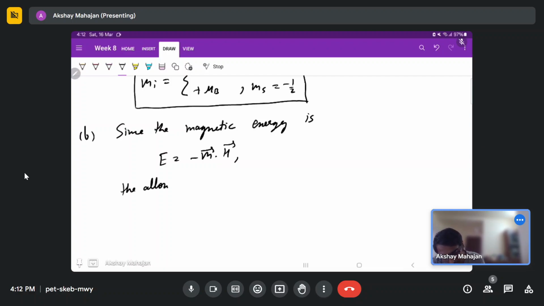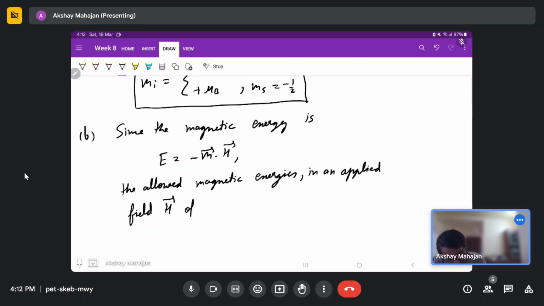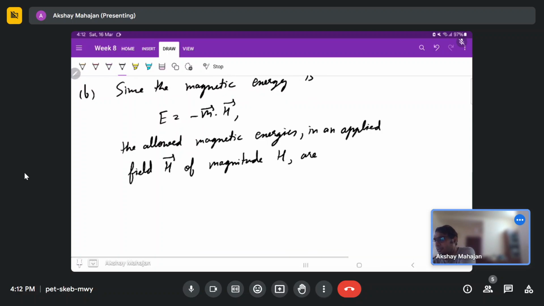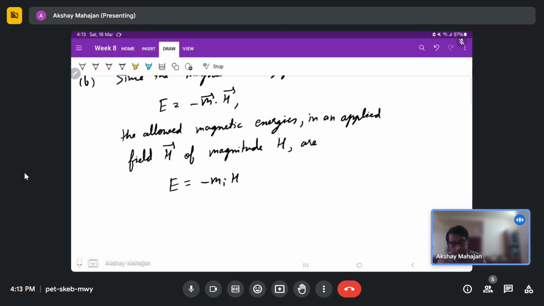So the magnetic energies in an applied field h vector of magnitude h. The energy value will be just minus mi times h, where mi is the magnetic moment along this h direction.